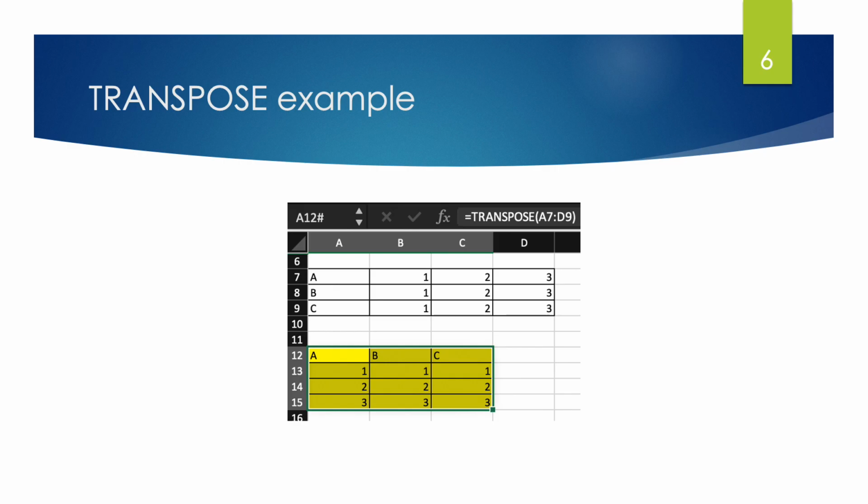I would write equal transpose, and then I would select the first table that I want the values to be changed from. For example, here it's being written as equal transpose A7 up until D9. And then when I click enter, I would have this table in yellow. So I don't have to type the same table twice.